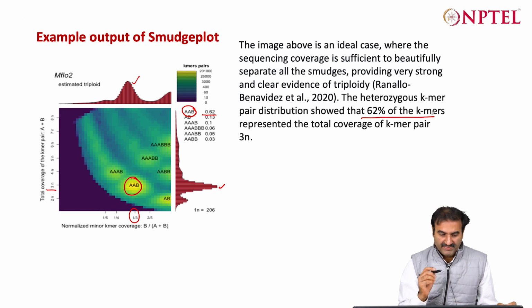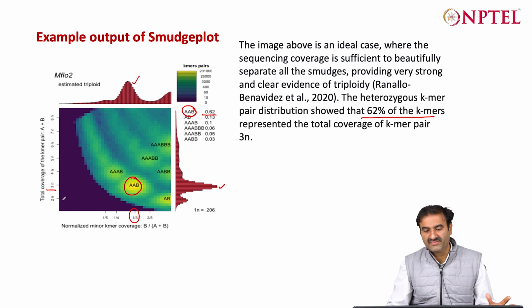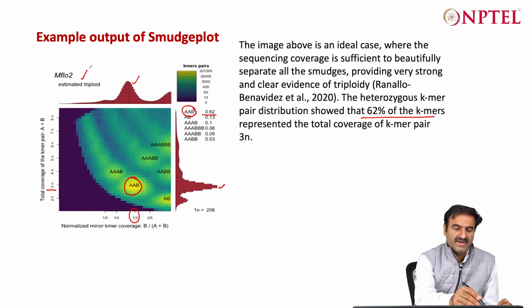At that level the ploidy level is 3n, so you can estimate that this genome is triploid in this case.